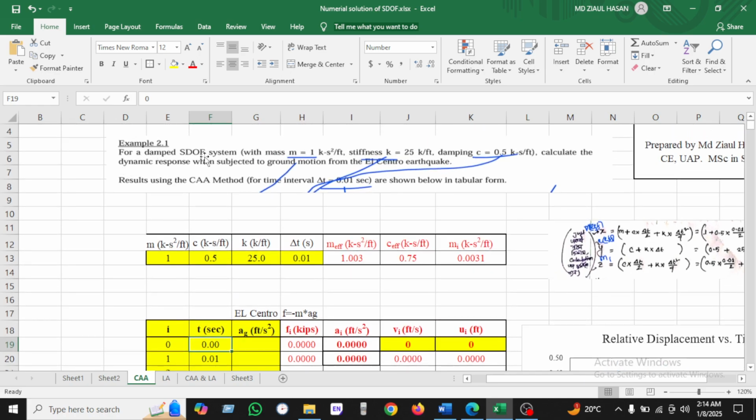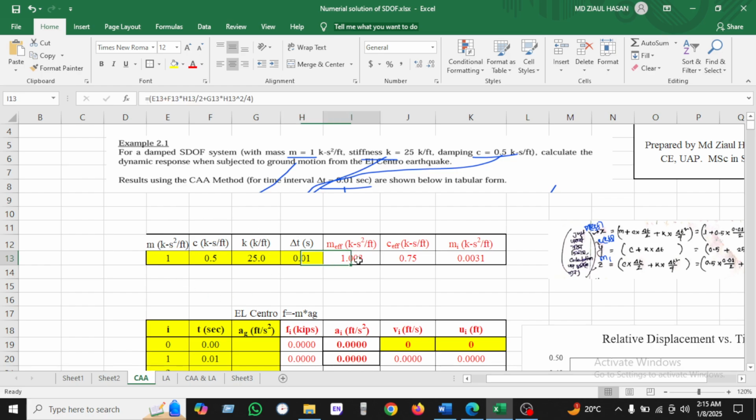Example for a damped single degree of freedom system: mass is 1, stiffness K is 25, damping coefficient is 0.5. Calculate the response subject to the ground motion El Centro using the constant average acceleration method, with time interval 0.01. So this portion is given here.